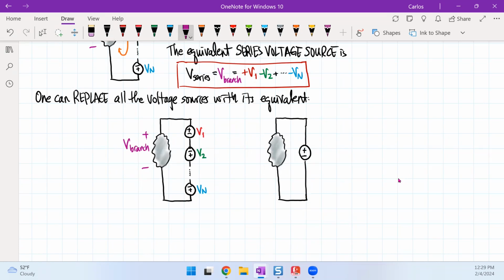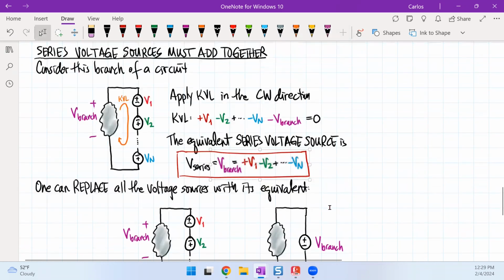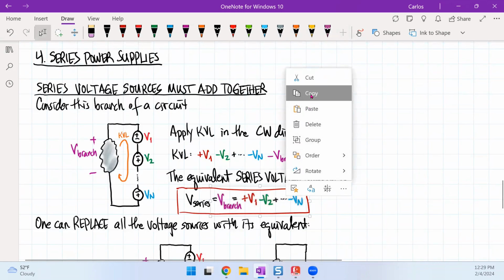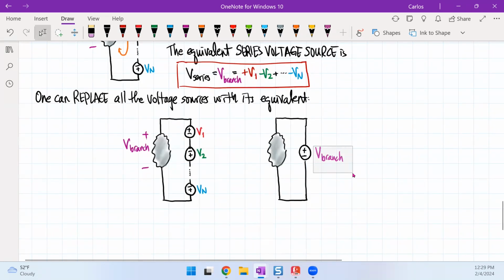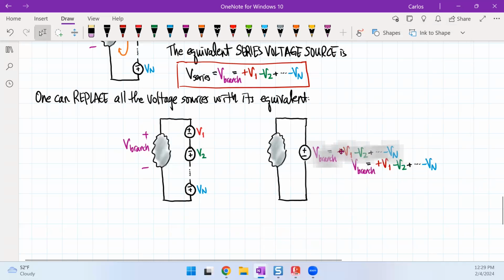The only thing I worry about now is this is V branch. And we already know that V branch is this quantity of things. So let me bring it down. If I delete that and paste this guy in here, that's V branch right there.